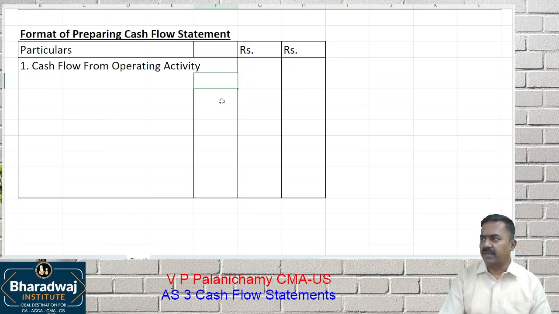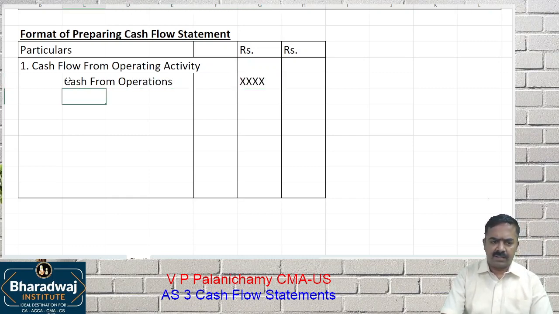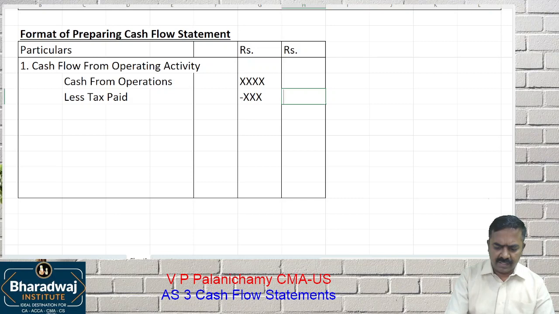Cash from operations less tax paid. Net amount will be shown in the outer column. The net amount in the outer column can be a positive amount or a negative amount.